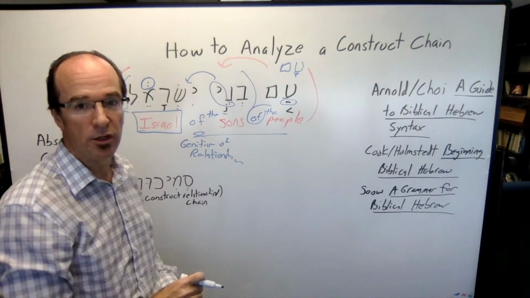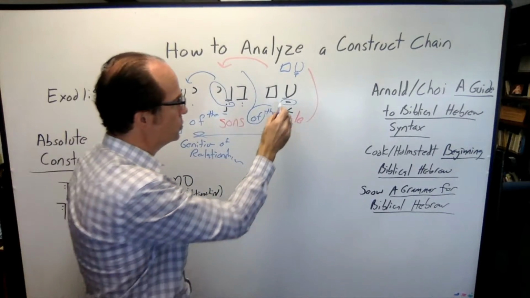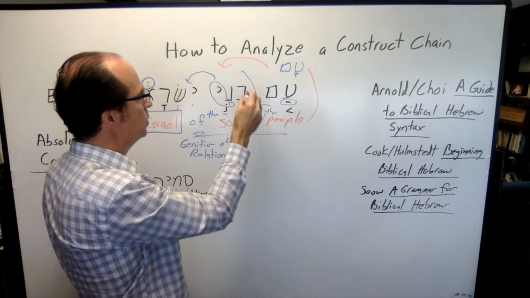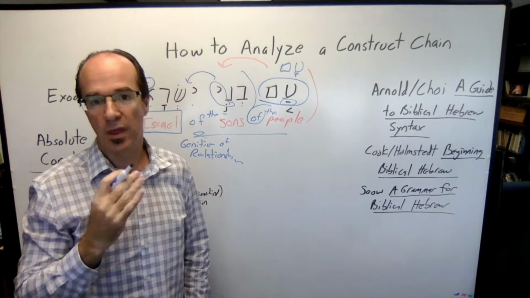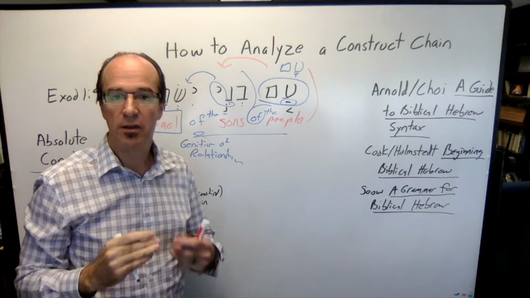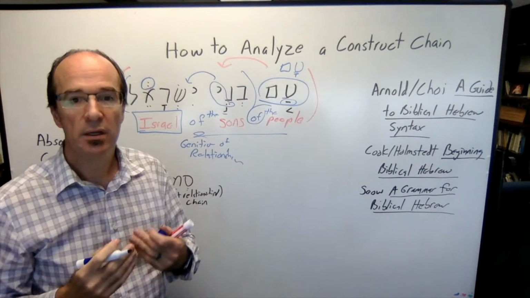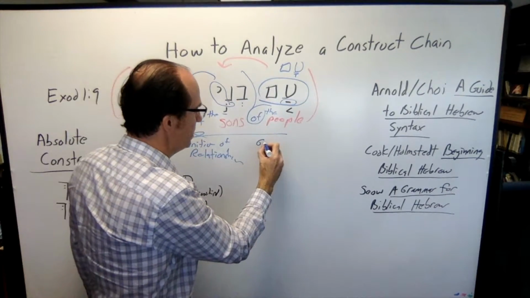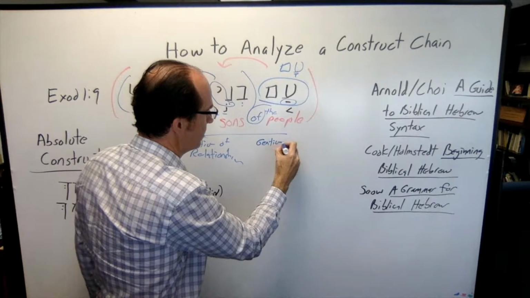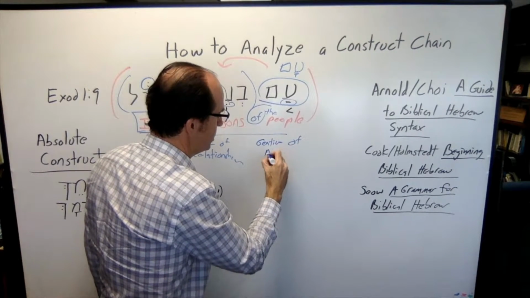What's the force here? Well, we'd have to agree that sons of Israel is essentially describing the people that we're talking about. And if you look up genitive in Arnold and Choi, this is most clearly a genitive of attribution.